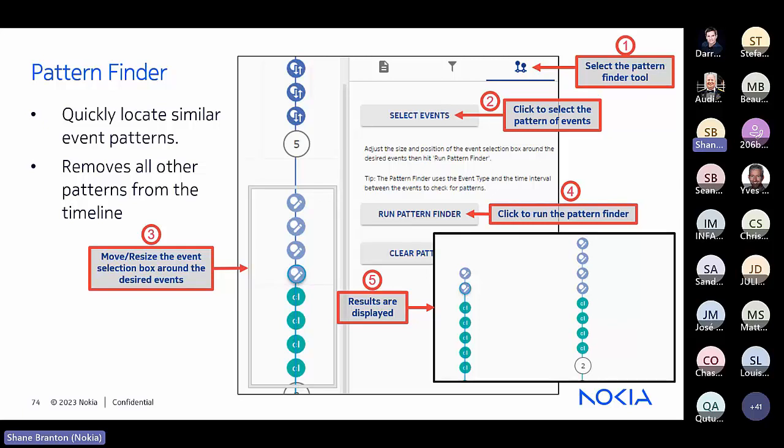It will go back in time in the event timeline and look for similar patterns. Then you can go back and look at details of the alarm. And as you might have guessed, if that pattern includes a fix, you might actually see the fix that was performed at an earlier point in time to fix that problem, giving you an indication of how to fix the current problem. Okay, so this is another great, great tool to use.